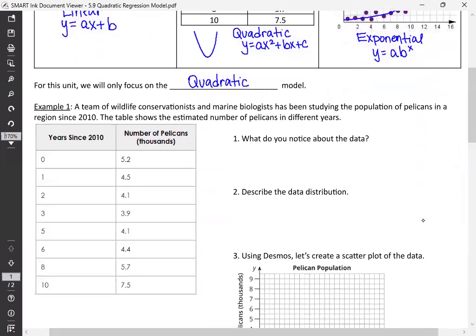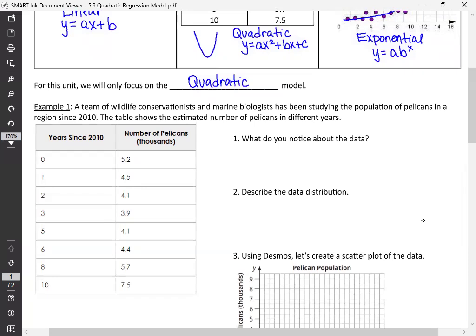The table shows the estimated number of pelicans in different years. So the first question just says, what do you notice about the data? As we look over there, we know that 2010 corresponds to 0, our starting year, and our initial population looked to be 5.2, and then those values decrease and they increase.